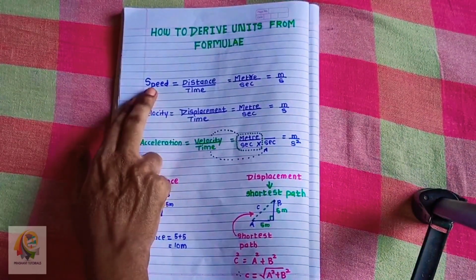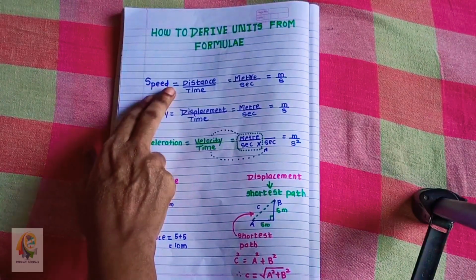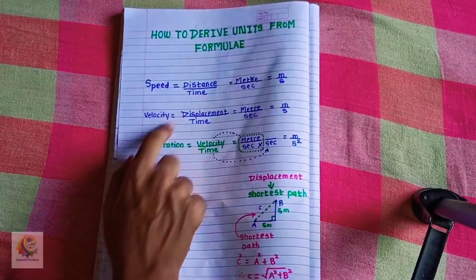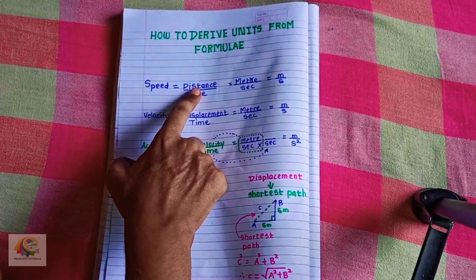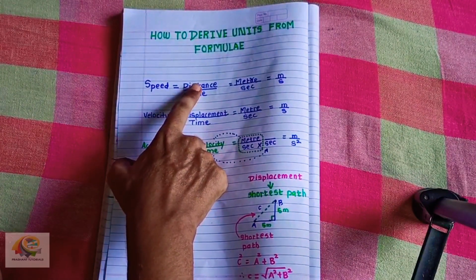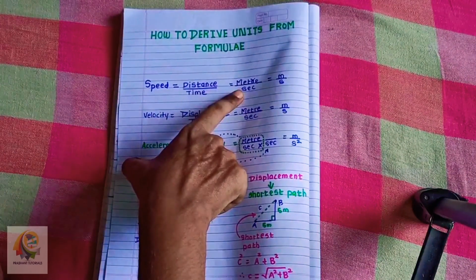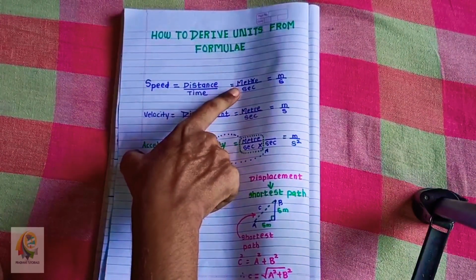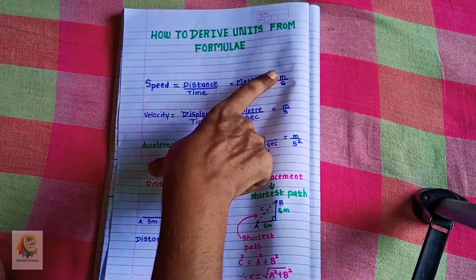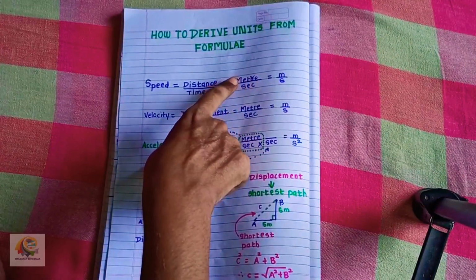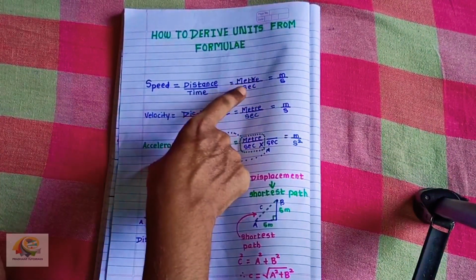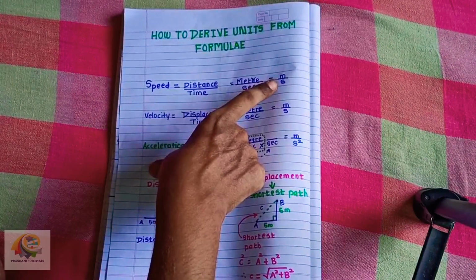So basically we have a formula, speed is equal to distance upon time. As we have seen, distance is always measured in meter and time is measured in second. So meter upon second, which is equal to m/s. We denote meter by small m and second by small s.